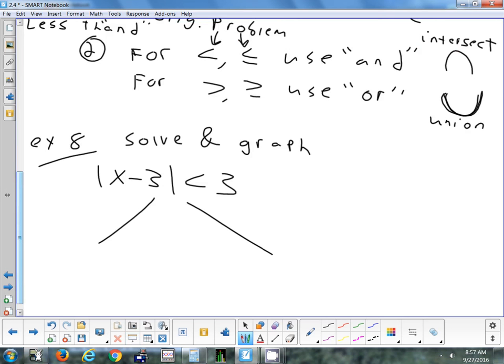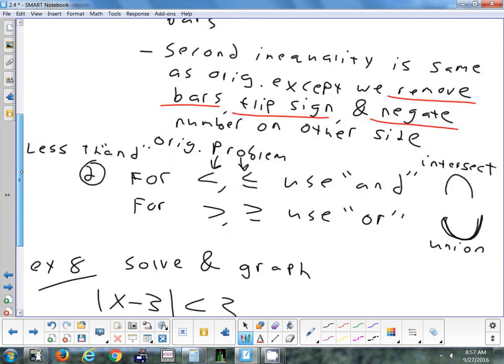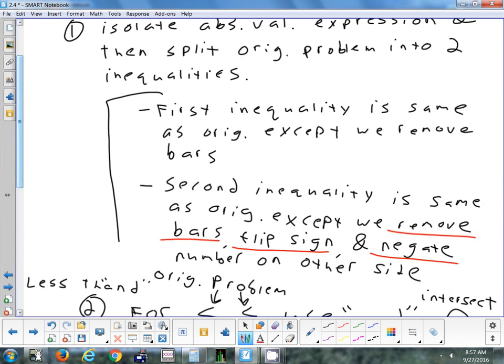Molly, can you tell me one of the inequalities that it's going to split into? Once we start to solve this, how do we split that up? Well, like x is less than, like x is less than negative 3. So we gotta do those two things.